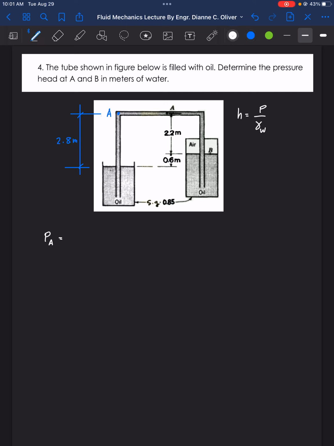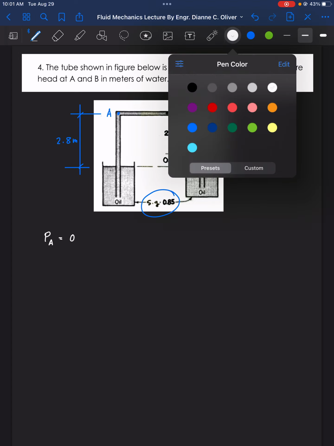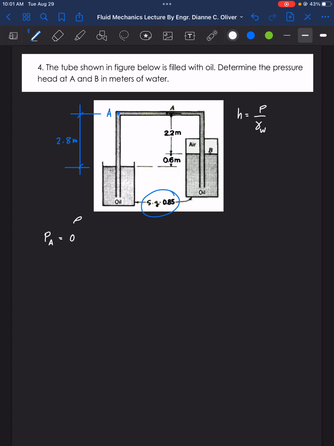So the pressure at A now, we're going to use the specific gravity, which here is 0.85. Again, the formula that we're using is rho g h. So 0.85, then the rho standard of water is 1,000 kilogram per cubic meter, acceleration of gravity 9.81 meter per second squared, and the height here is 2.8 meter.